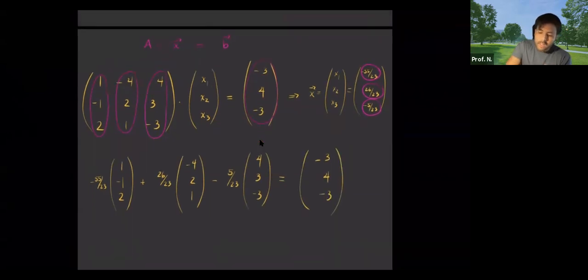Do you see that? This is my V1, this is my V2, and this is my V3. This is my vector W. Do you see that?